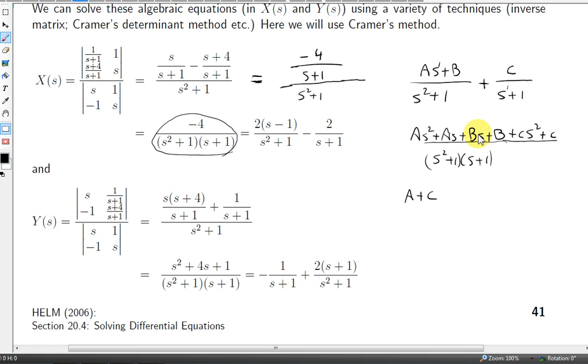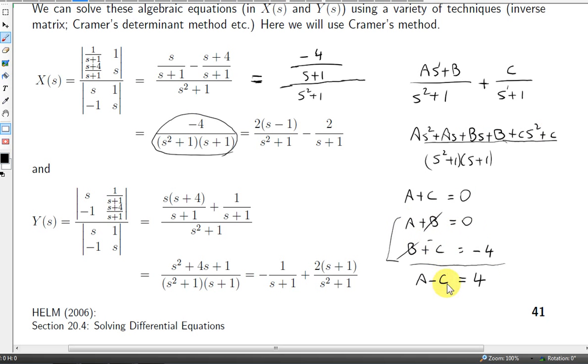So since the numerator must equal minus 4, the s squared terms must give us 0. The s terms must give us 0, so that's a plus b. And finally the constant terms must add to give us minus 4, because that's all we have in the numerator, a constant term. Now let's look at these two equations. Let's take this equation and subtract this equation. So we have a plus b minus c.